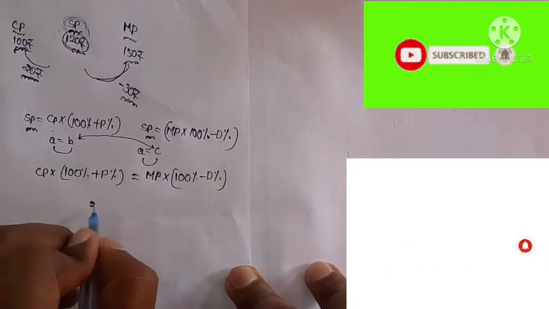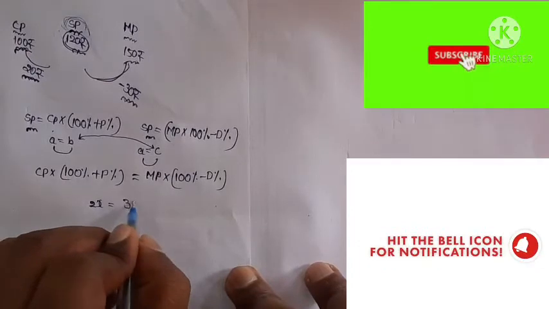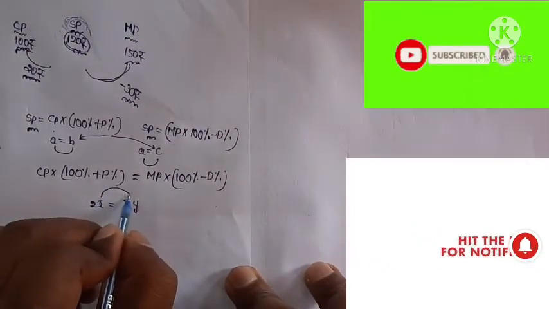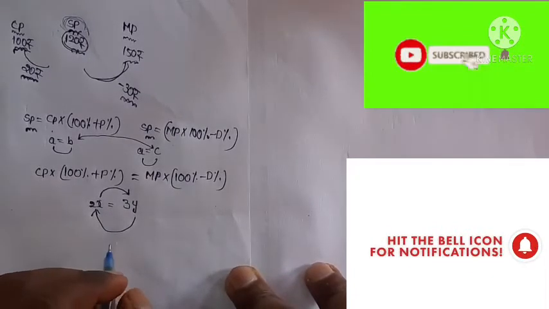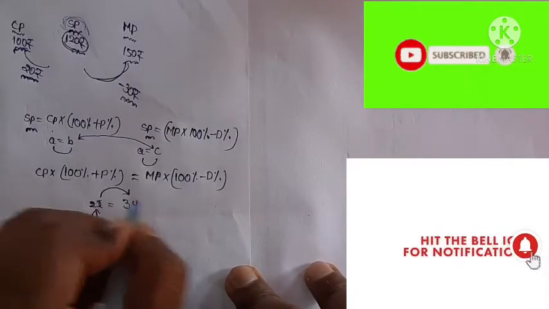So there is a 2x is equal to 3y. So value of x is equal to 3, value of y is equal to 2.